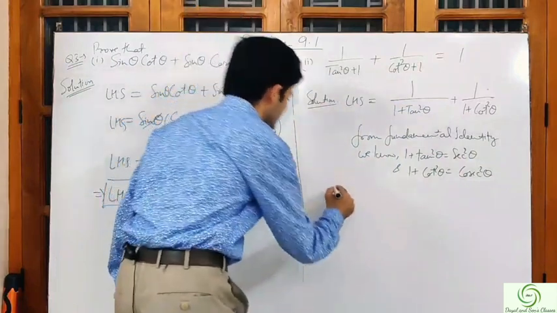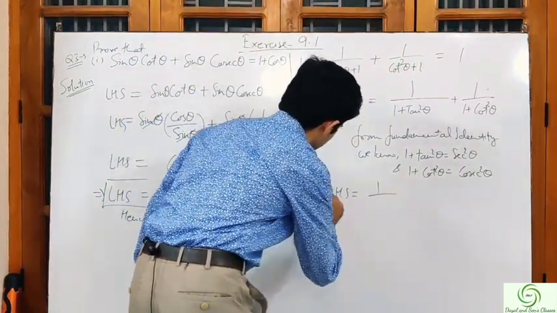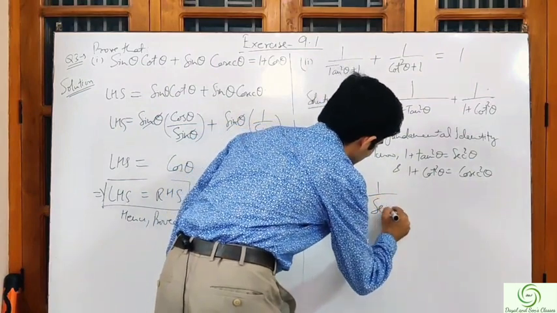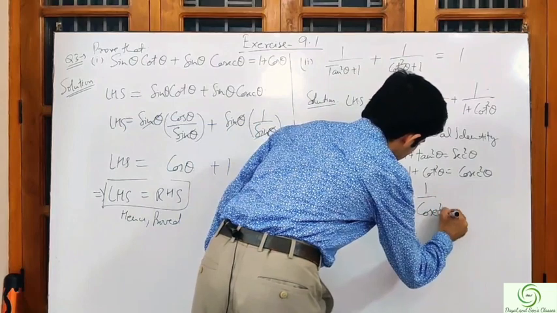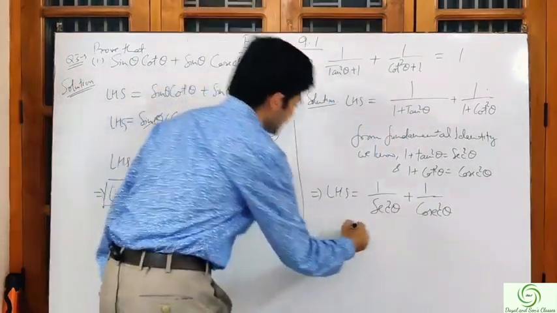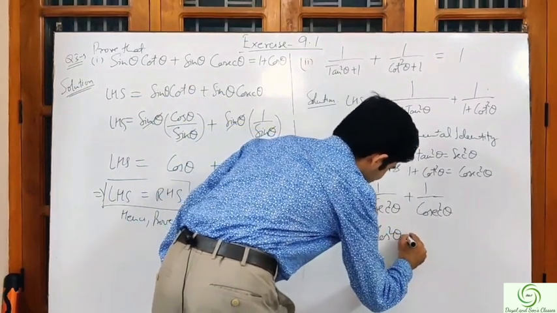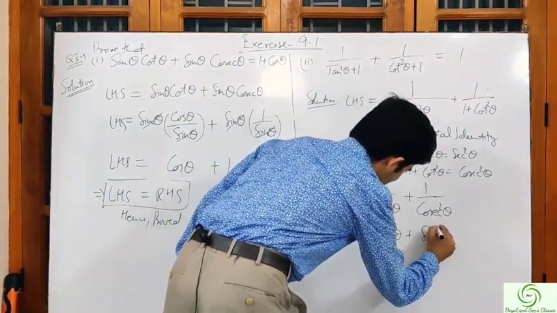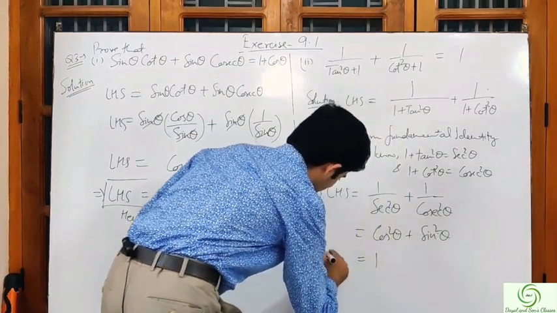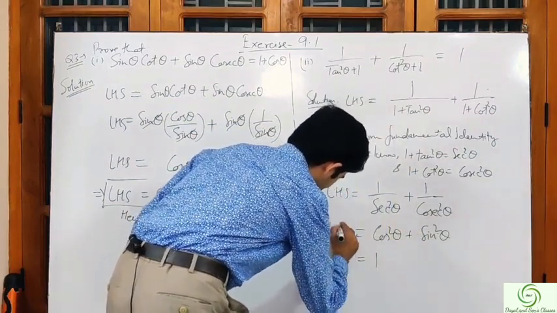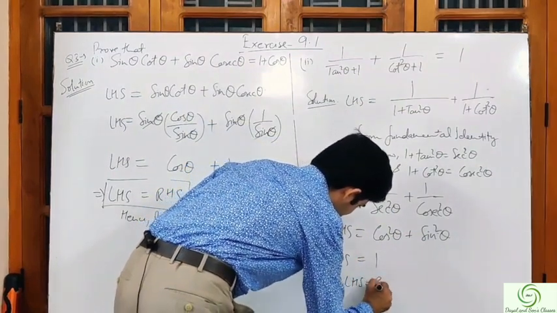So replacing this, LHS will become equal to 1 upon sec square theta plus 1 upon cosec square theta, and 1 upon sec theta is cos theta, and square means cos square theta, plus sin square theta, and this is equal to 1, implies LHS equal to RHS.